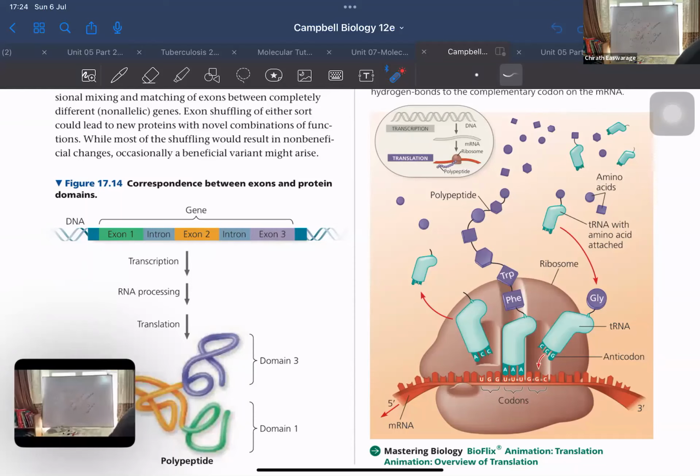How many amino acids are involved in protein synthesis? There are so many amino acids in nature, but out of them, only 20 contribute to making proteins. So there is one dedicated transfer RNA for every amino acid. For example, for glycine, there is a tRNA that transports only glycine.